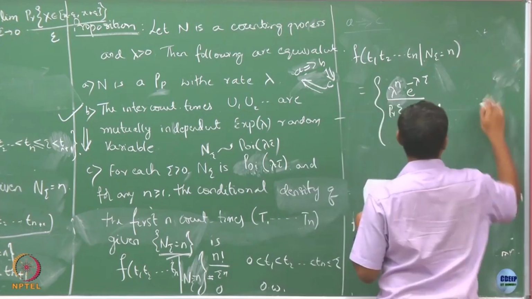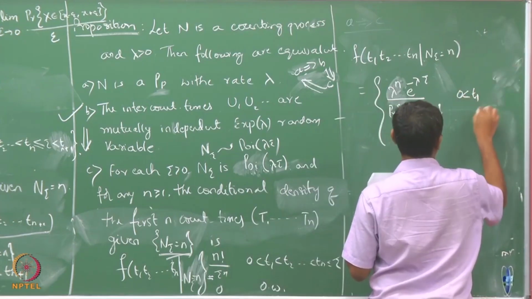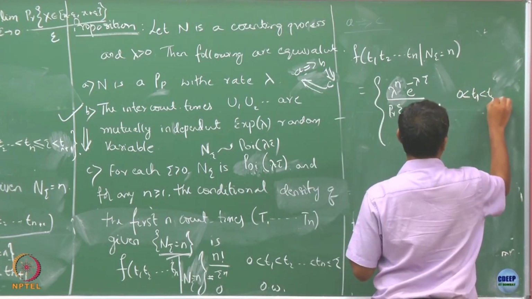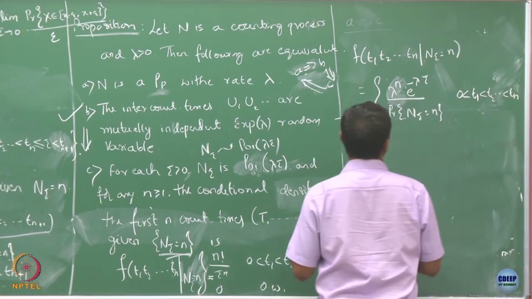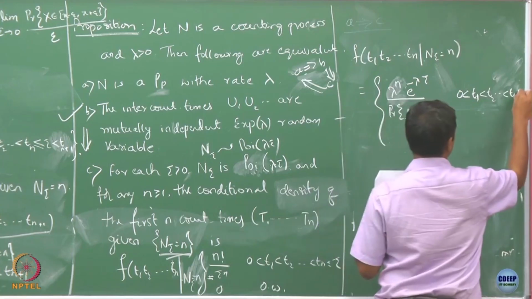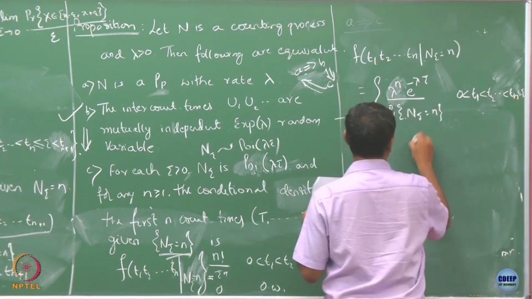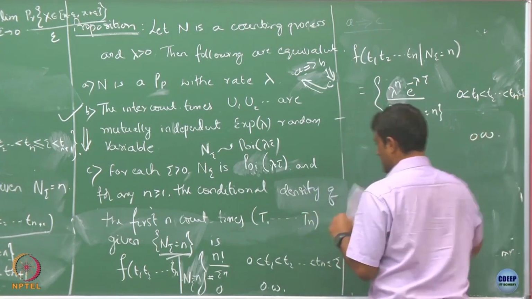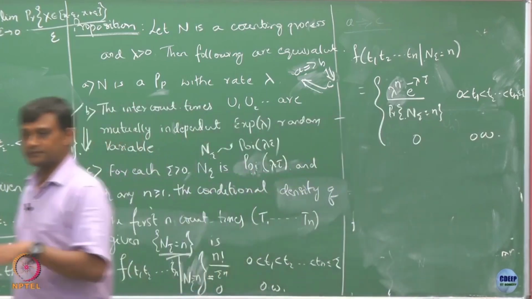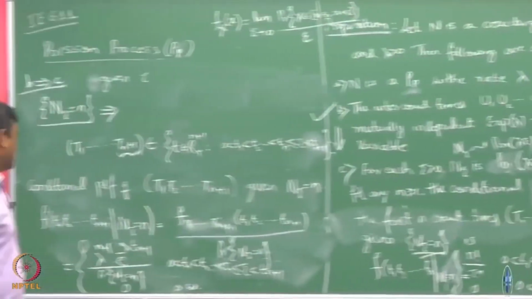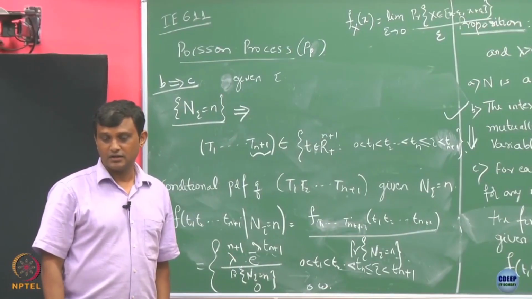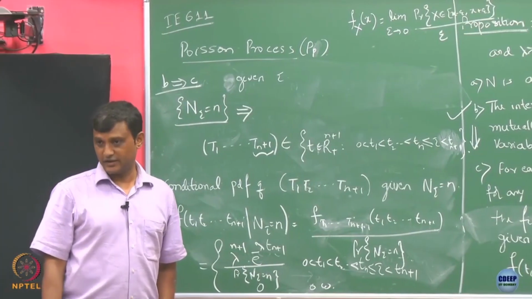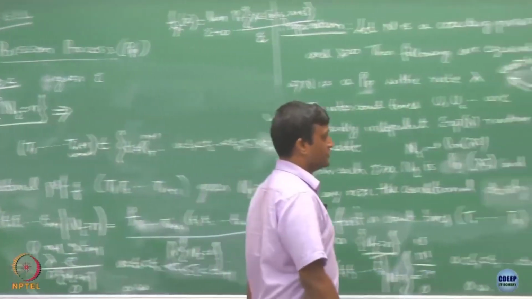This is for all 0 less than T1 less than T2, all the way up to Tn, less than or equal to tau, and this is going to be 0 otherwise. So I have just integrated this function between tau to infinity, and I have ended up with this function.